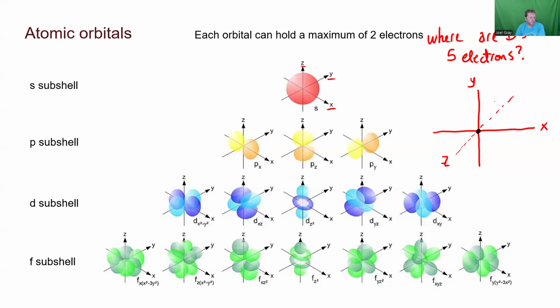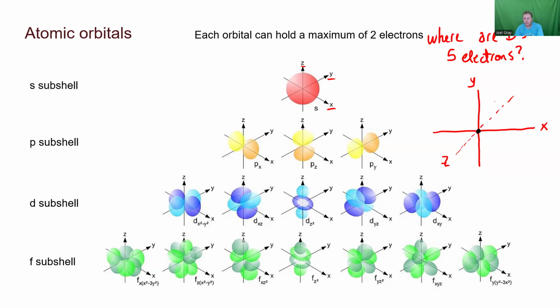Add to the chat your thoughts on that. If one thing has a positive charge, what's it going to do to a negative charge? If our nucleus has a positive charge, it's going to attract negative charges.